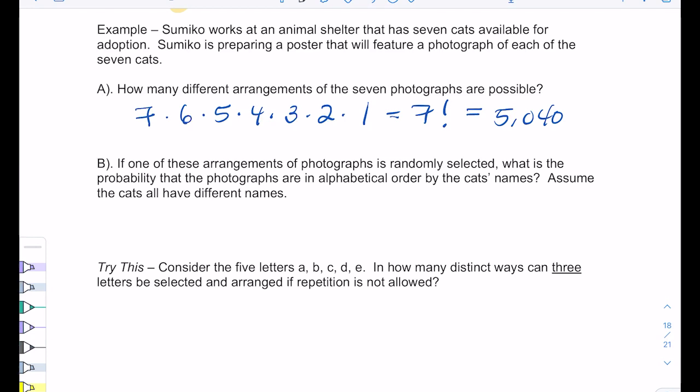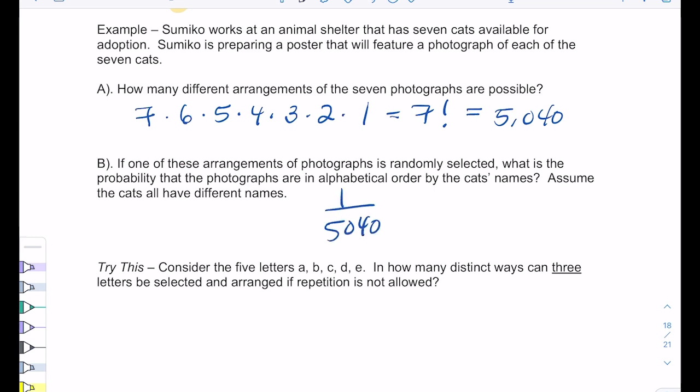In the next problem, if one of these arrangements of photographs is randomly selected, now we're looking for the probability that the photographs are in alphabetical order by the cats' names. Assume the cats all have different names. If they all have different names, the probability that the photographs are in alphabetical order is that there's only one way to do that out of 5,040.